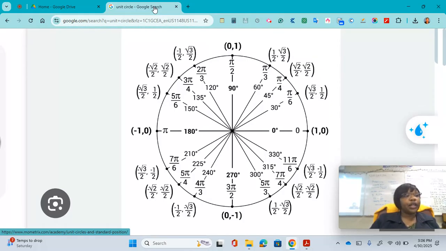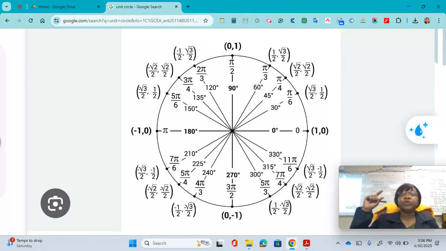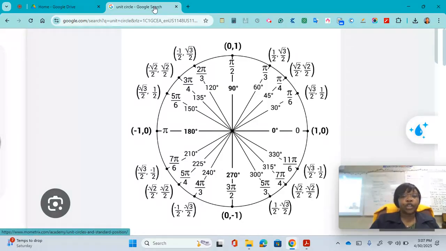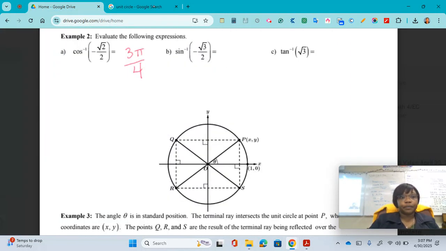Remember in the part above it says we're restricting the area. For our sine, we only restrict it to the right side, quadrant 1 and quadrant 4. We need to see when our y value is negative square root 3 over 2. That is here. When we go clockwise pi over 3, that is negative pi over 3. Think about the restrictions from above.